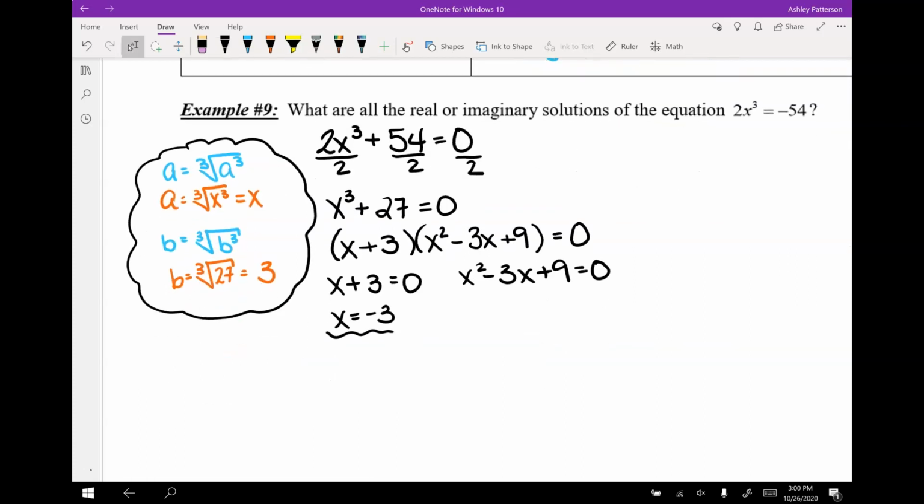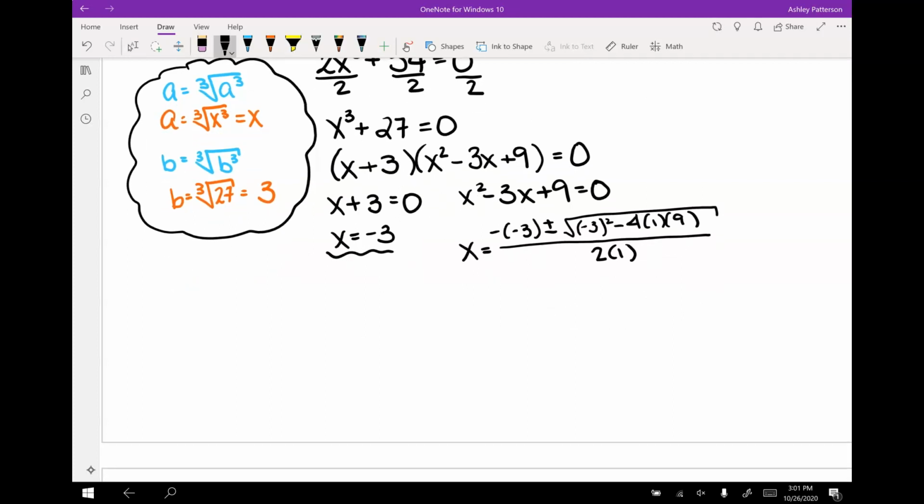Here we go. We used completing the square already, so I would like to use the quadratic formula. x is equal to negative b plus and minus the square root of b squared minus 4 times a times c, all over 2 times a. Okay, keep going.